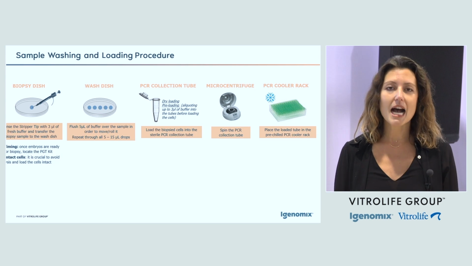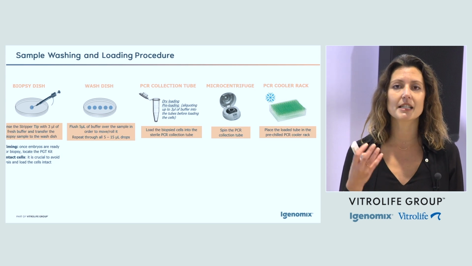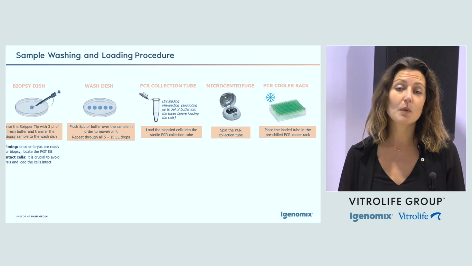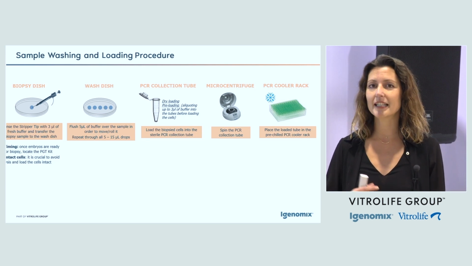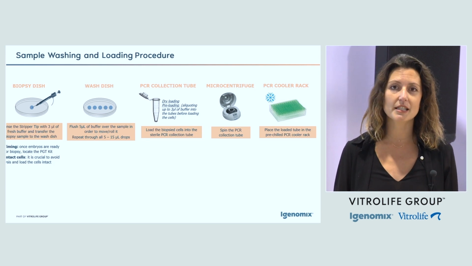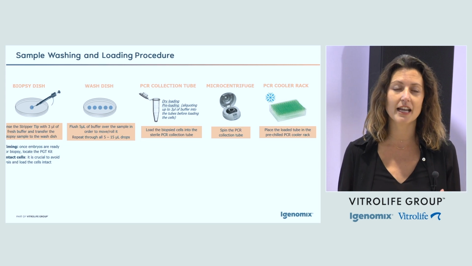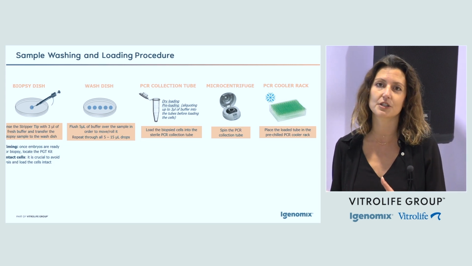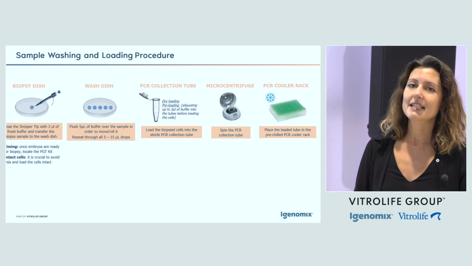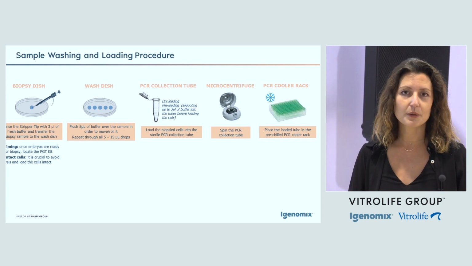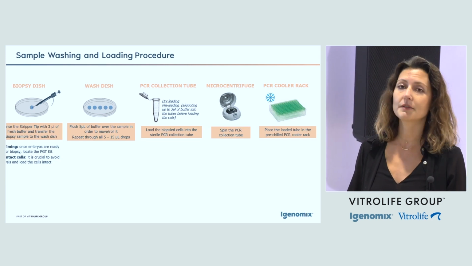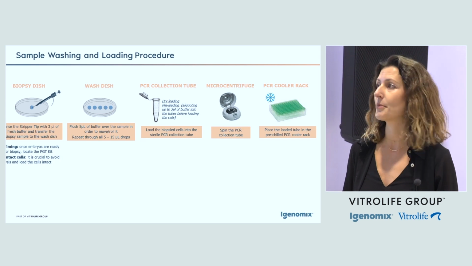Because if you have those cells after the biopsy in the hood sitting there while you're labeling the tubes, preparing the kit and everything else, you have more chances of DNA fragmentation, and that's going to be related with your non-informative results. So one of the things is just be prepared before you take out the embryos and start the biopsies, and have all of the tubes, everything ready for the loading procedure.